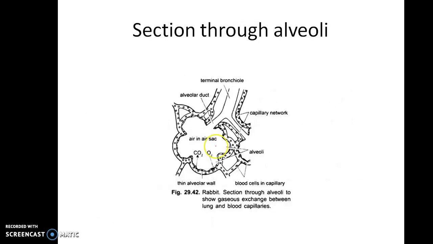Consequently, the oxygen taken into the blood during gas exchange will be much less in mammals than in birds. Thus, mammalian lungs are less efficient than avian lungs in oxygenating the blood.